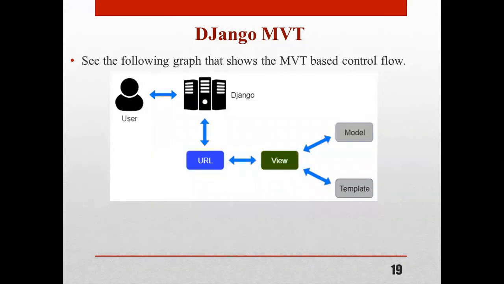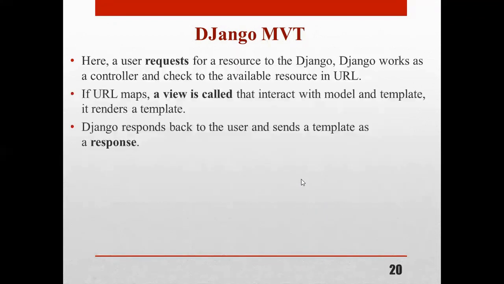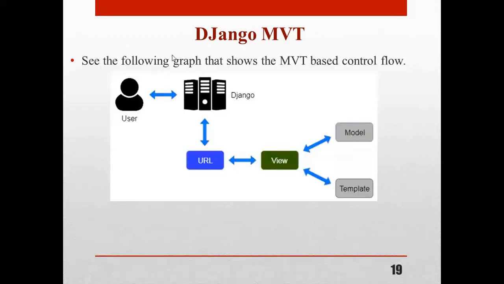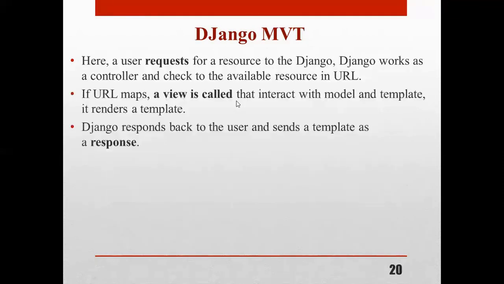Here you can see the graph of Django MVT: the user, the Django controller, the URL, view, model and template. The user sends a request for a resource to the Django controller.